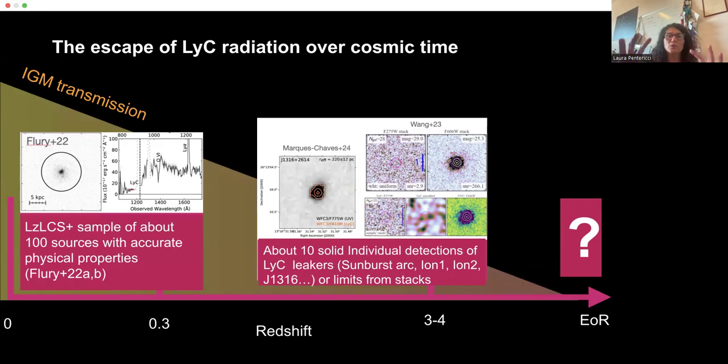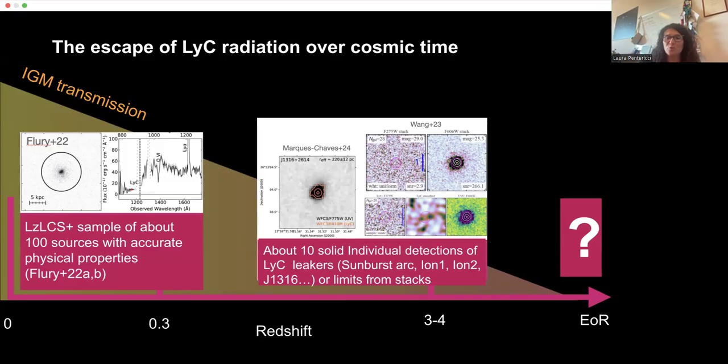And so I leave you with this slide, which basically tells you where we are now in the studies of Lyman continuum escape. We have a low redshift. We have several sources, about 100 sources, where we can study very well the escape of Lyman continuum emission and the physical properties. At redshift 3, where we still can measure the Lyman continuum leakage, we have only about 10 individual solid detections.